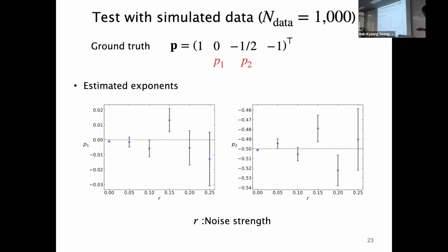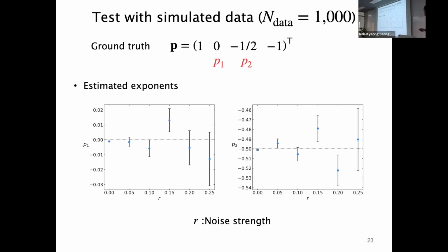So here I'm plotting the values of the estimated P1 and P2 as a function of the noise strength. For the generated data, we additionally added some random noise. Here we have added 20% noise and 25% noise. And as you can see, the estimate is pretty good up to a rather large noise level.